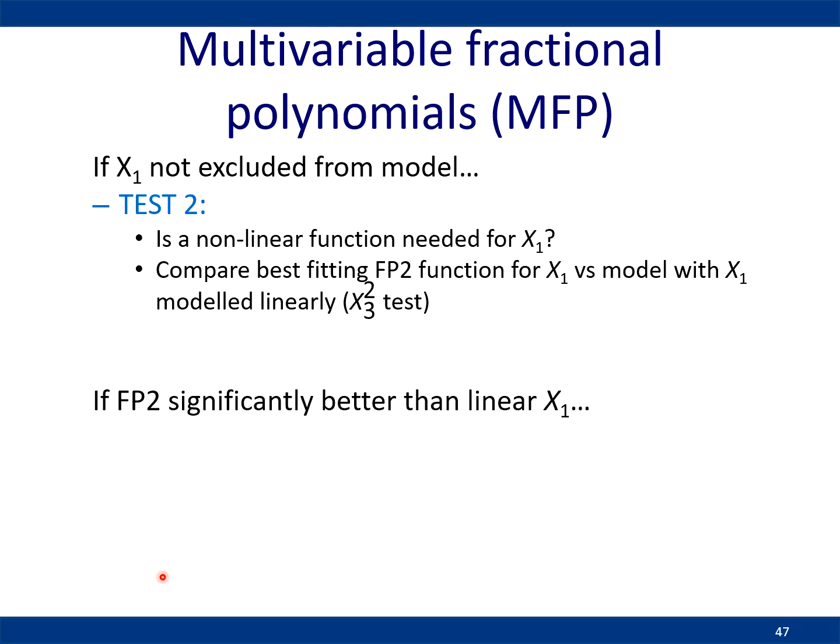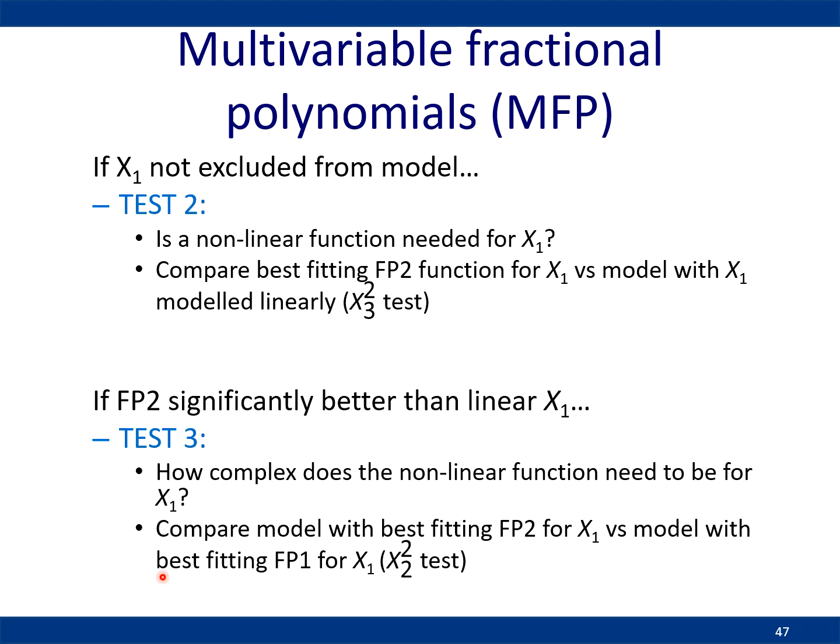If the FP2 term is significantly better than the linear function, then the third test compares the nonlinear function, so this complex function of FP2, to a simpler nonlinear function, which is the FP1.